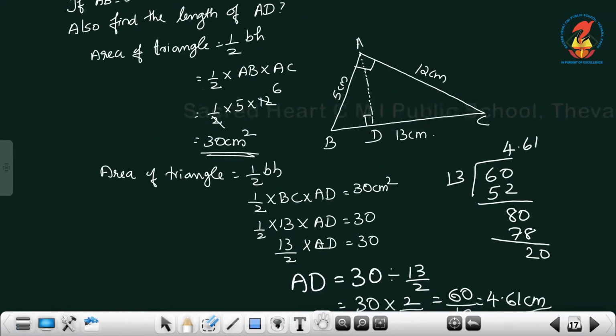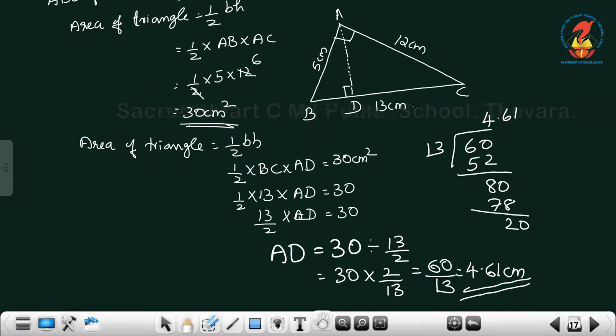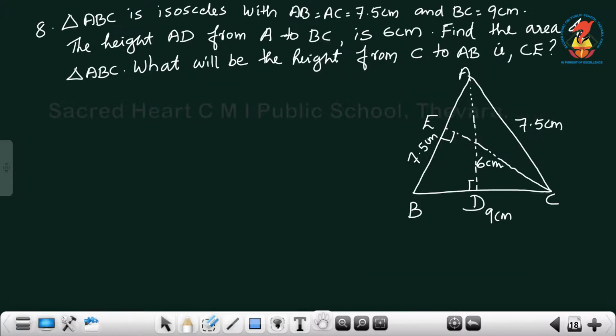Find the length of AD. AD equal to 4.61 centimeter. Next, 8th question. Triangle ABC is isosceles with AB equal to AC equal to 7.5 centimeter, BC 9 centimeter, and the height AD 6 centimeter from A to BC.